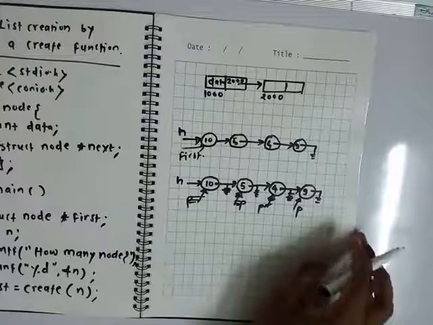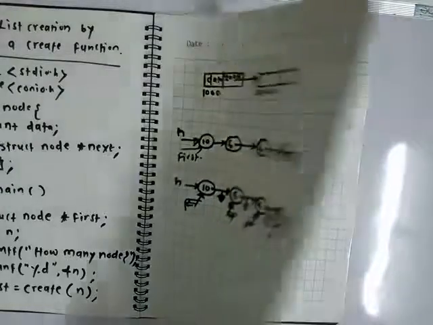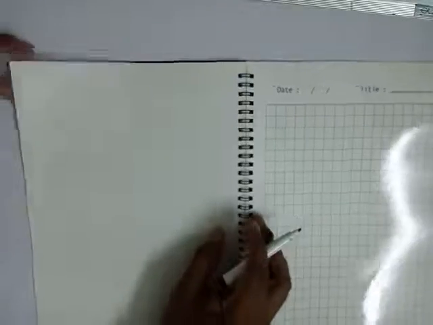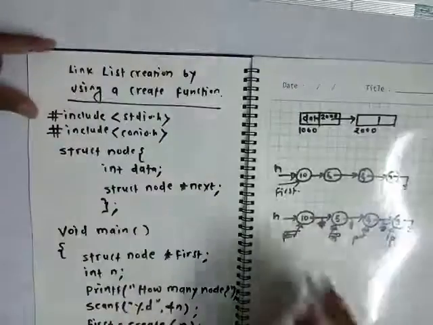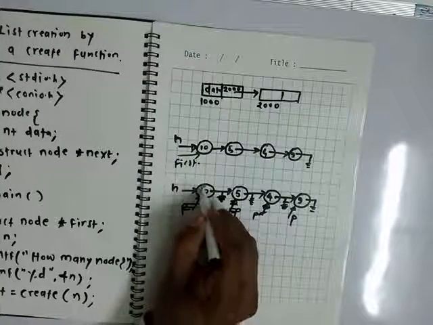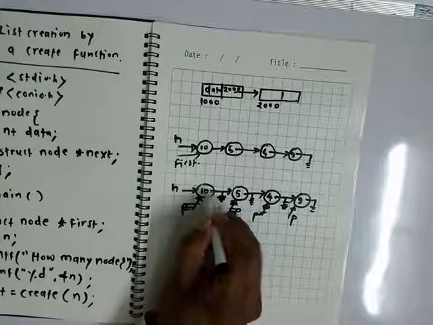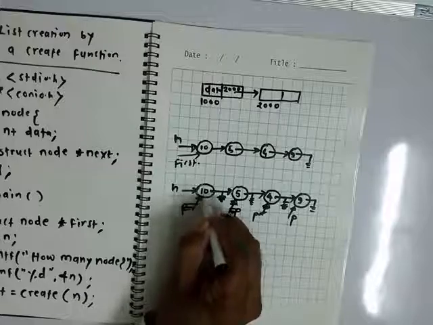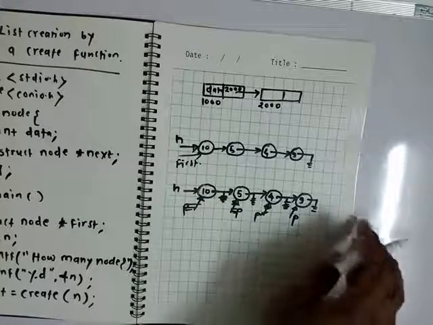So let's write a function create now. As we have just now said, create is going to return the address of this first node. That means create is going to return an address of structure node type data. So the return type of create will be structure node type address, or structure node type pointer.